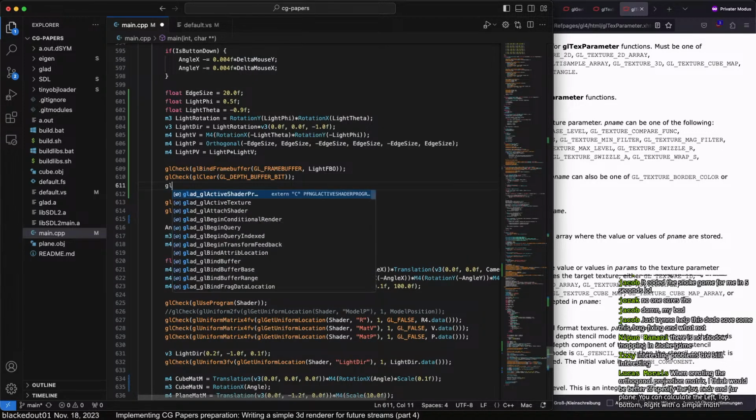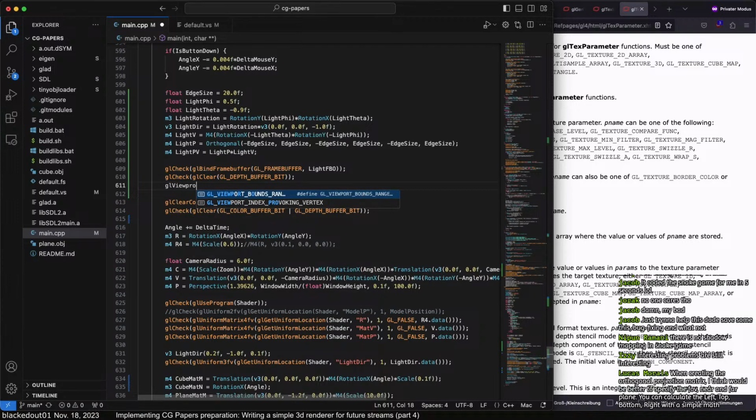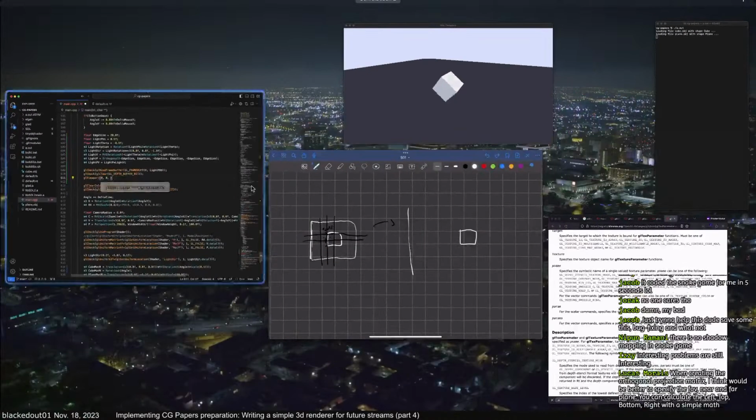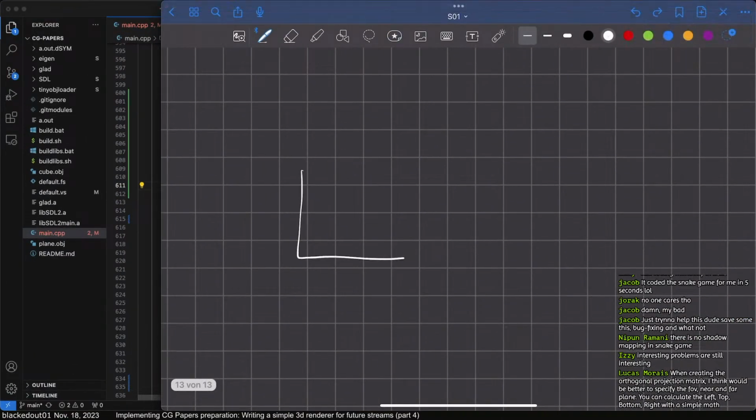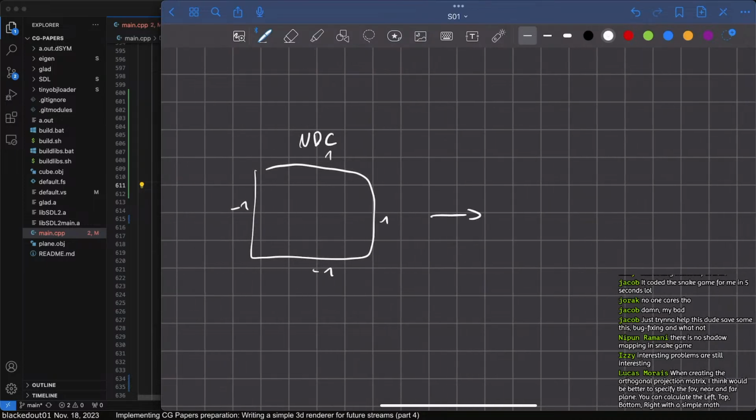Now we also have to modify the viewport. So the viewport is basically the region in which we, so I actually don't remember if I explained that, but you have your NDC coordinates, -1, 1, 1, -1, and your viewport is like another transformation in the transformation pipeline.